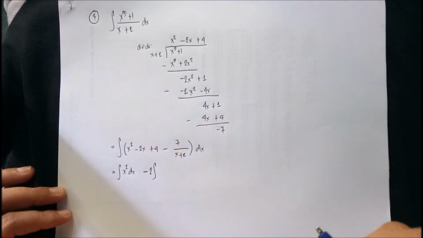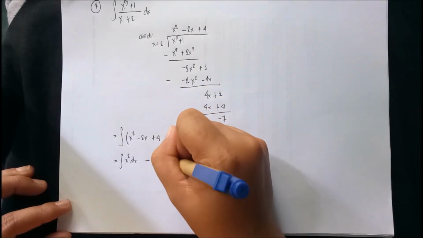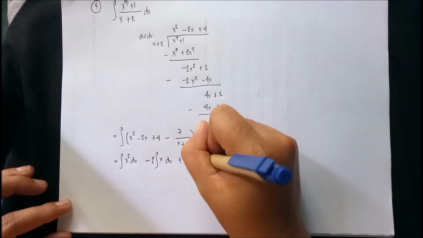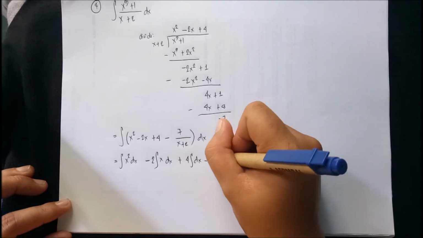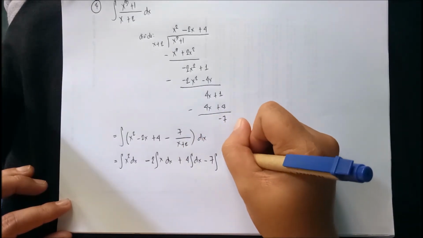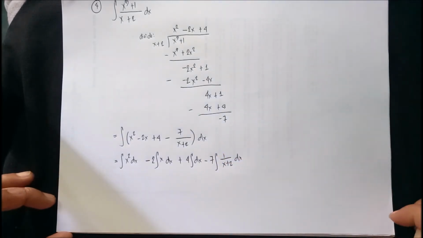Okay, para walang problema. Negative 2x dx plus 4 integral of dx minus 7 the integral of 1 over x plus 2 dx. Okay.